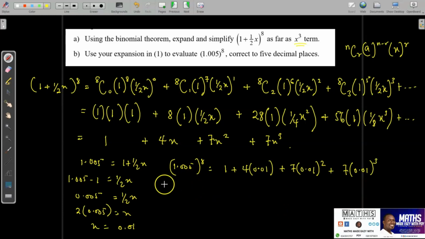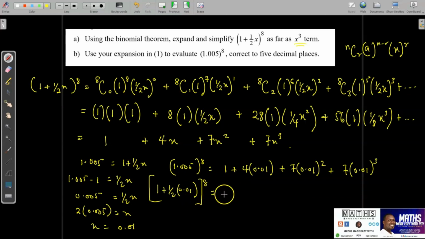Or another person could have also said that this expansion could have been written as 1 plus half into bracket 0.01, then all to the power 8. Then the person will continue with whatever I've written here, so that you know that the s value being substituted is 0.01.